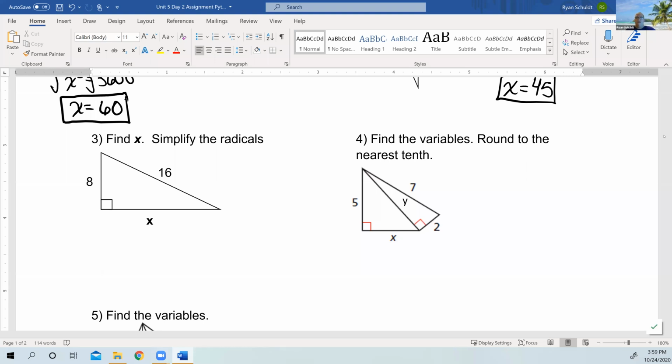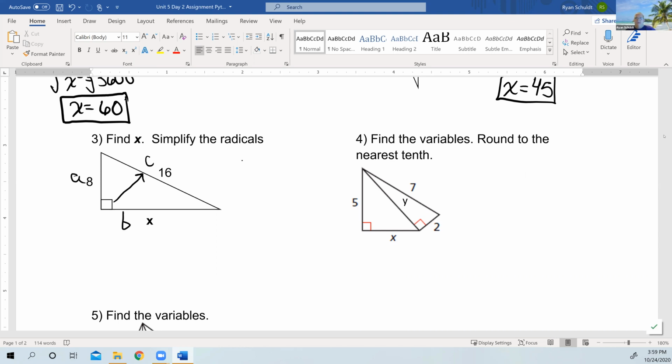Okay, number 3, again, find x and simplify the radical. So let's see, that's going to be my c. I'm going to say that's a, that's b.